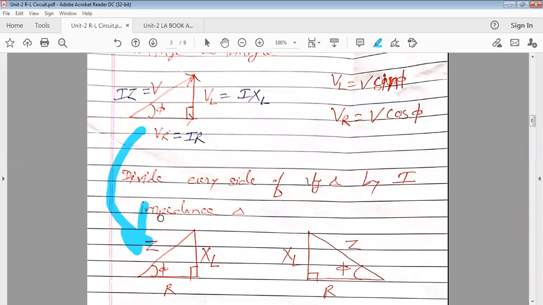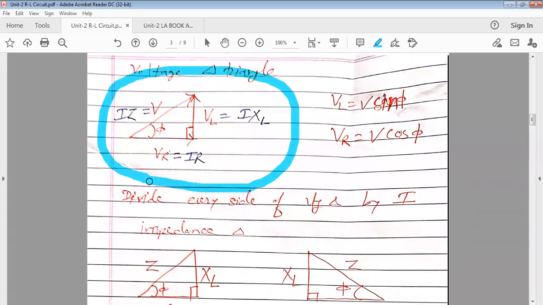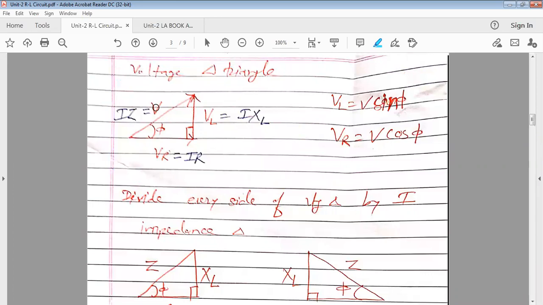Every side of voltage triangle divided by current, you will get the impedance triangle. Similarly, every side of voltage triangle, multiply it by current, you will get power triangle. Okay, what you will get? Power triangle. Means along this, what you will get? VR into I, isn't it? Along this side, what you will get? VL into I. And along this diagonal, what you will get? V into I, isn't it? If you multiply it by current.